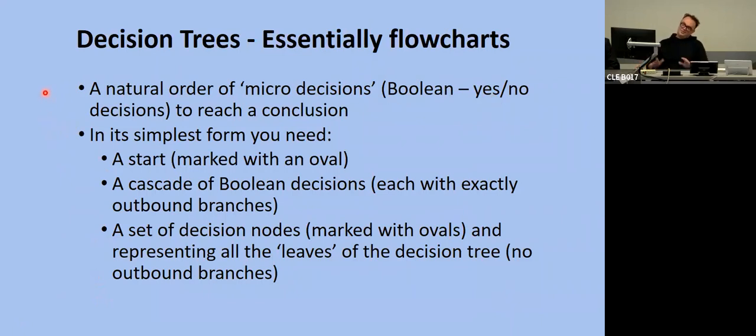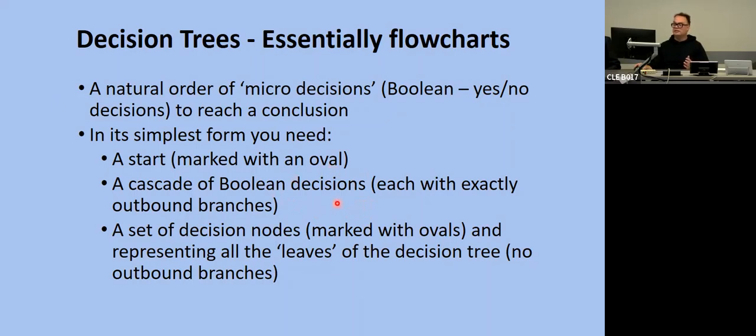Okay, so again, essentially they're flowcharts. Decision trees are flowcharts. They have this natural order of the sequence, these micro decisions, to reach a conclusion. There's a start, and they cascade these Boolean decisions. Either you grab it from the data and go forward chaining or backward chaining, or you just map it out and then test it with data later on and run it with machine learning, et cetera.